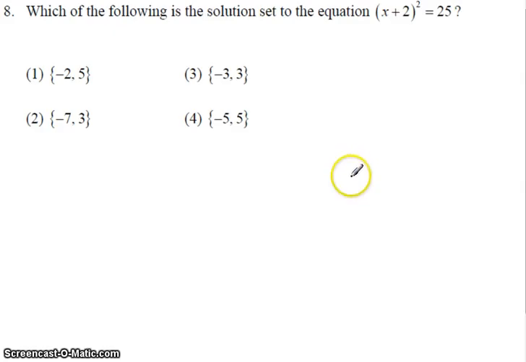Number 8. This is the type of question you would see with completing the square as you get towards the end. It says, which of the following is a solution set to the equation x plus 2 quantity squared equals 25? I'm going to rewrite the question here.